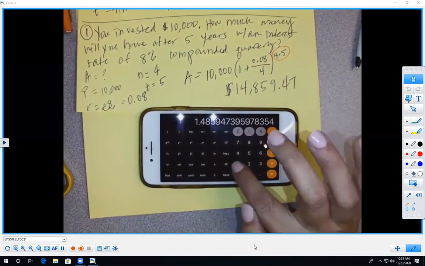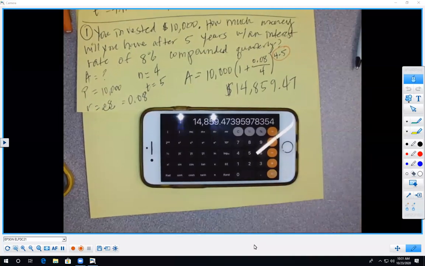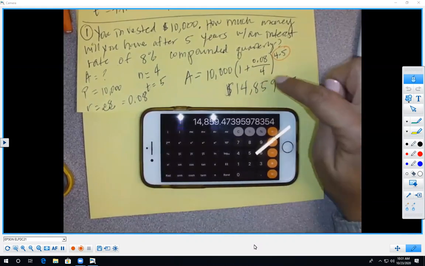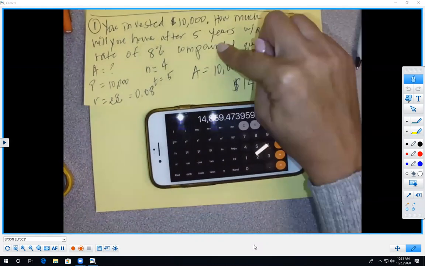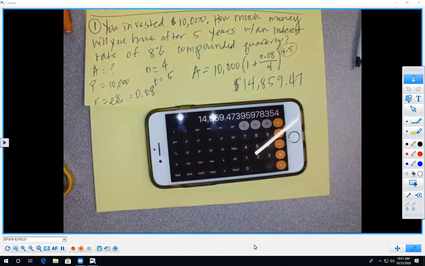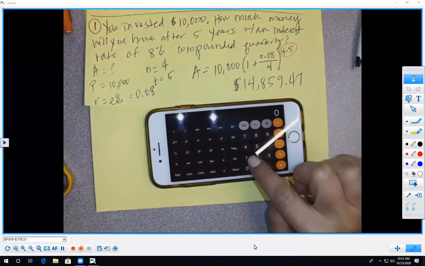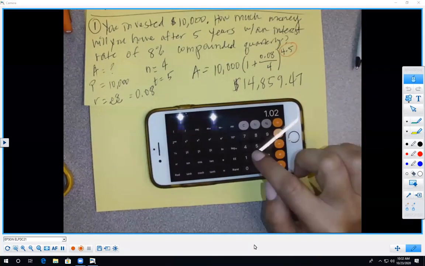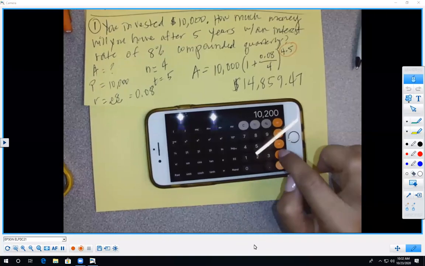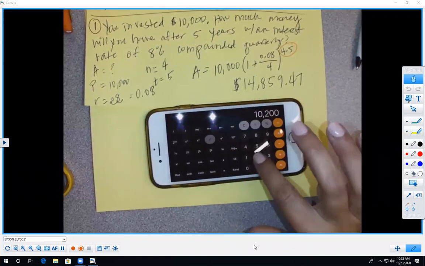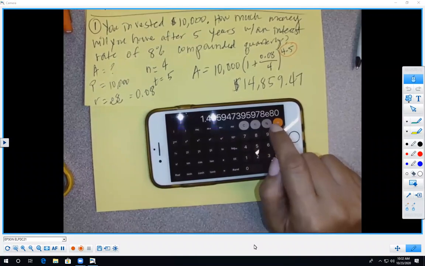And then now you multiply this by 10,000 and you get your decimal of $14,859.47. Okay, so inside out: inside parentheses, exponent, and then multiply by the number. If you get a number that says E, like let me show you, if you raised 1.02 to the power, and I multiply that by 10,000 first, and then try to raise it to the 20th power, it's E to the 80.